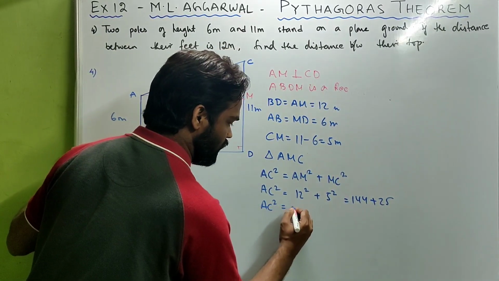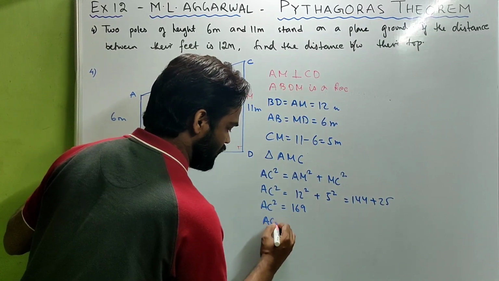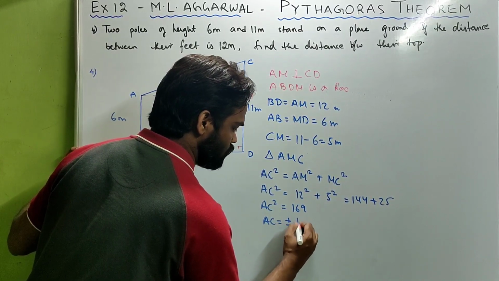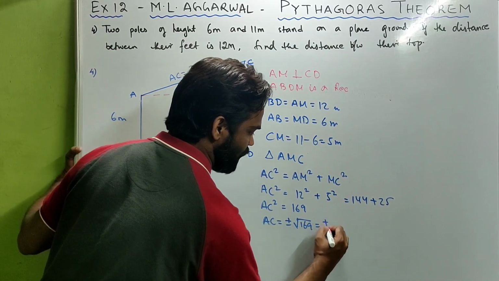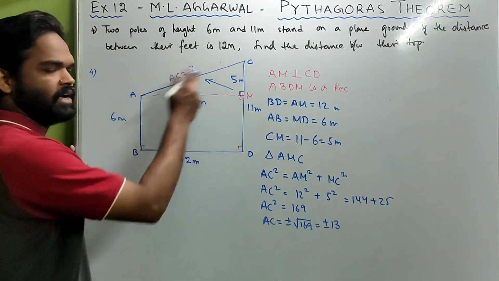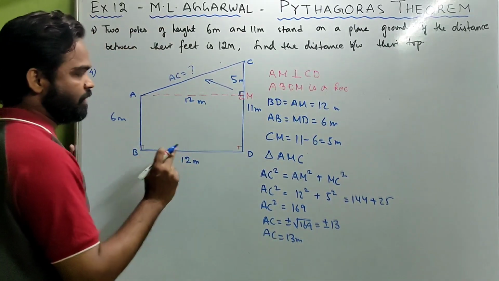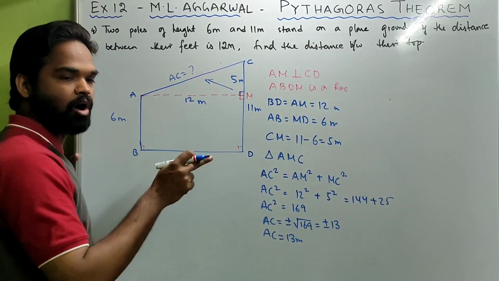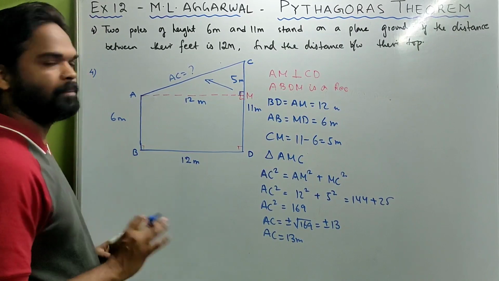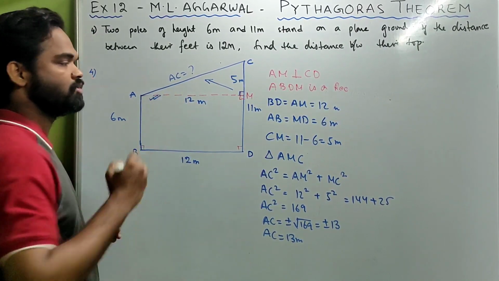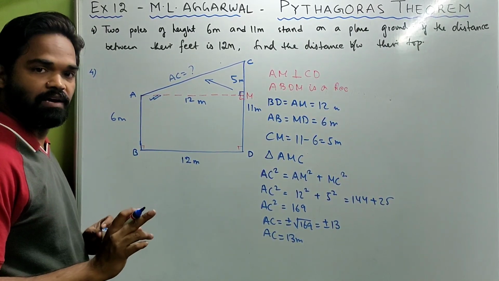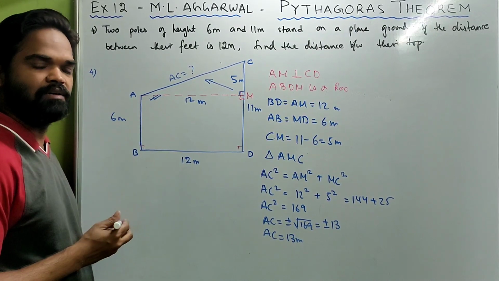So AC square is 169, which means AC will be plus minus root 169. That's plus minus 13. Negative not possible, which means AC will be 13 meter. Which means the distance between the top will be 13 meter. You need to do this construction. Clear? Now let us look at the next sum.